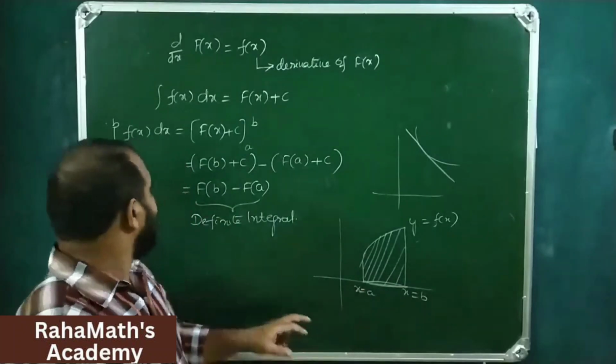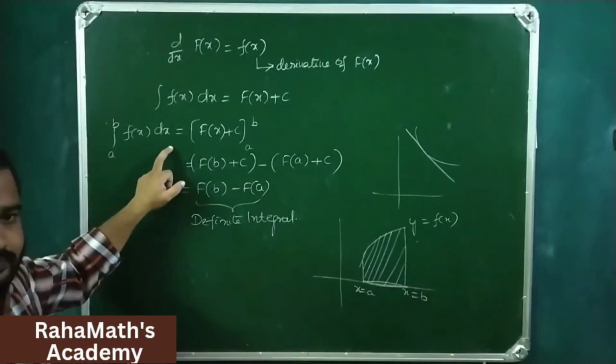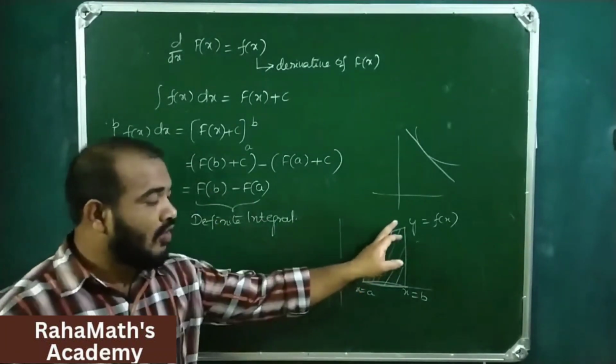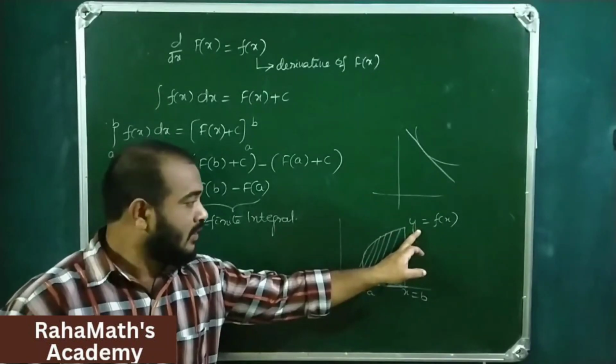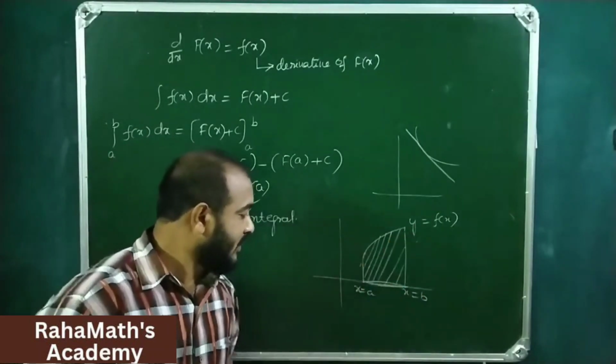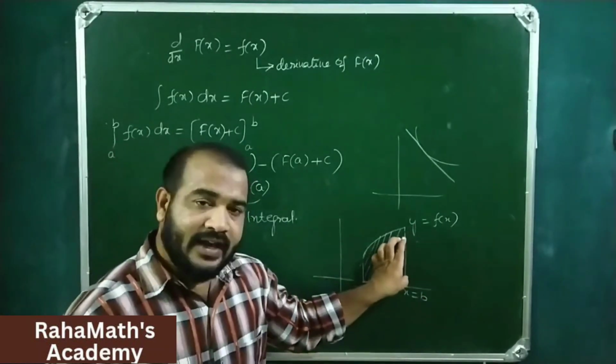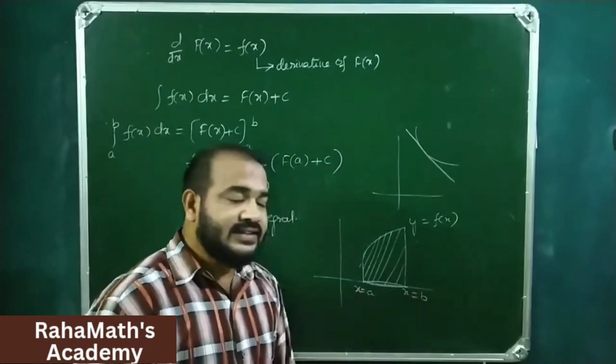That means integral a to b f of x dx denotes the area of the region bounded by the curve y equals f of x, x equals a, x equals b and the x axis.